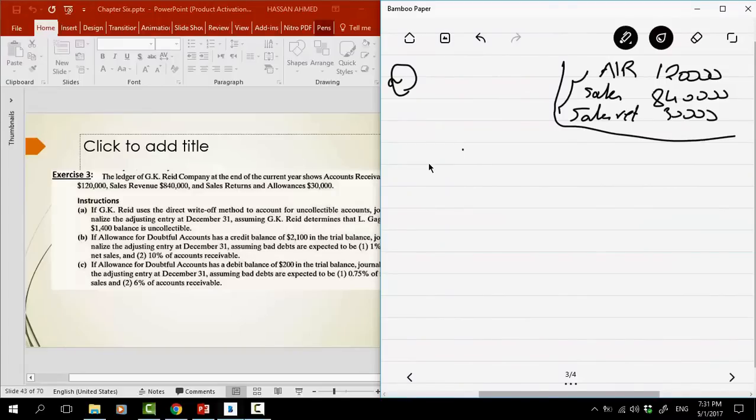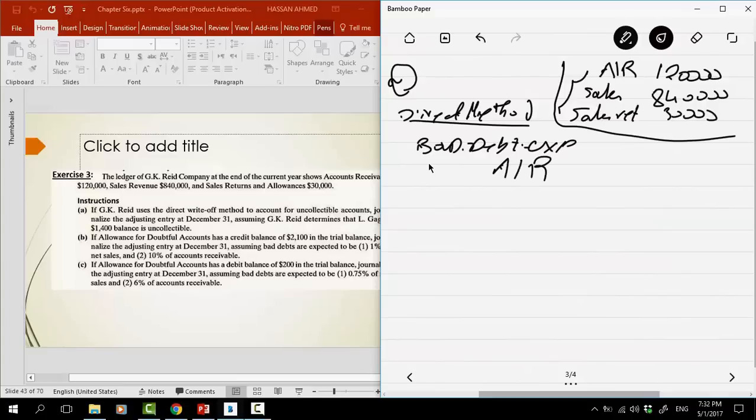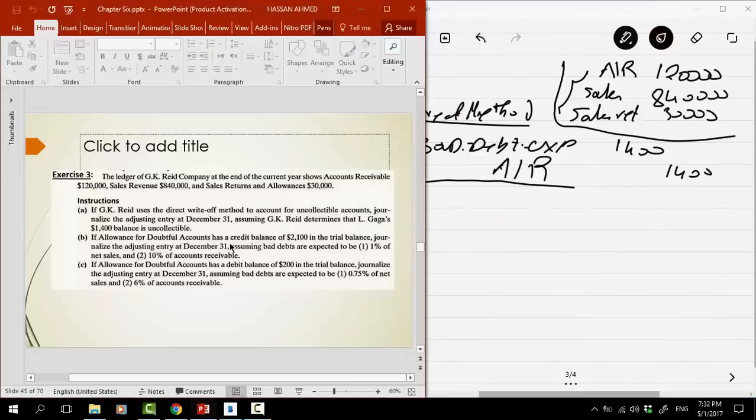Then under the direct method, we will write bad debt expense and accounts receivable, not ADA. This is direct, not allowance. Concentrate. 1,400, 1,400. Okay, number B. The instructions are unrelated.